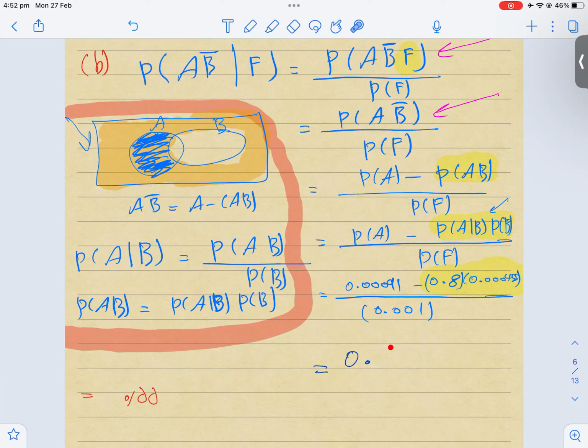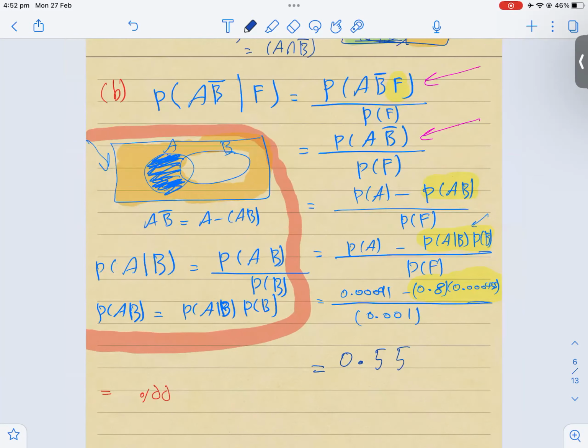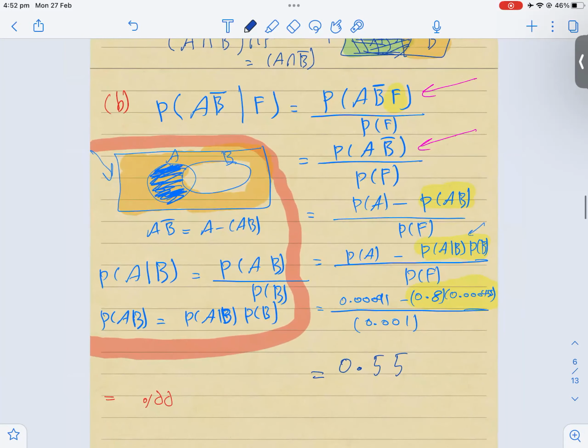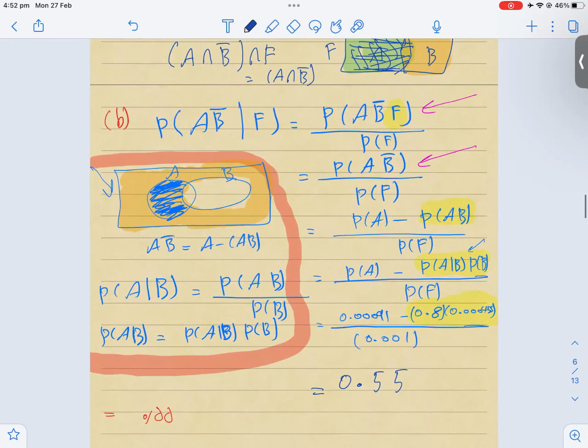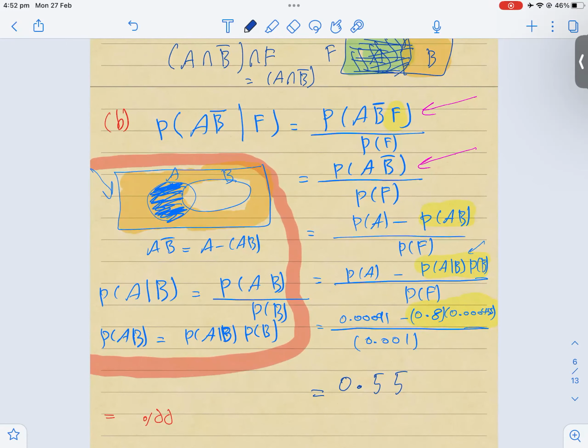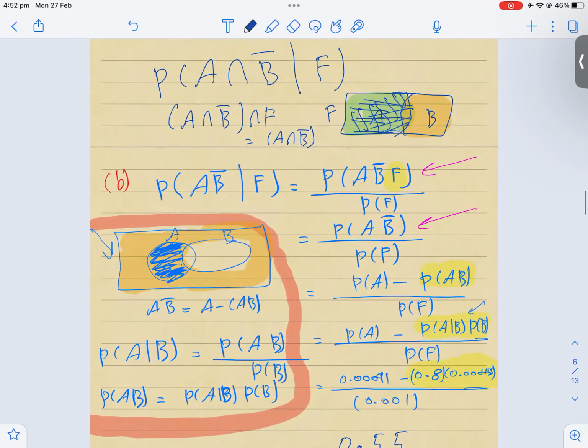Any idea? 0.546. Okay. Close, 0.55. Okay, but thank you for your effort. All right. We assume that you can do your calculations with the calculators very quickly and fast. That will be your skill. However, understanding the notions is also part of the course. If you have any question, please let me know.